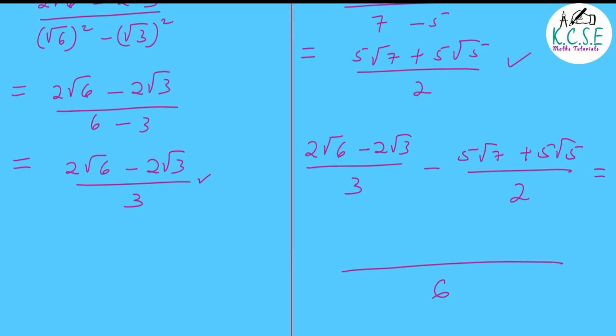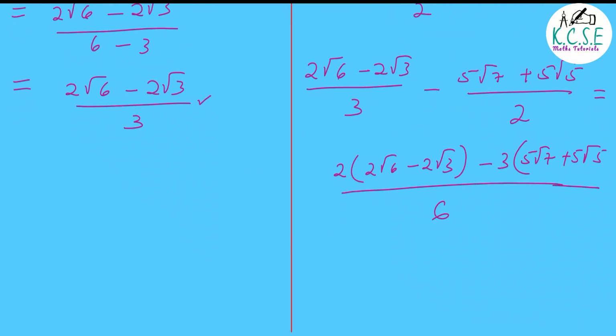So 6 divided by 3, we get 2 brackets 2 root 6 minus 2 root 3, then subtract 6 divided by 2, we get 3, everything divided by 5 root 7 plus 5 root 5. So that is what you get.